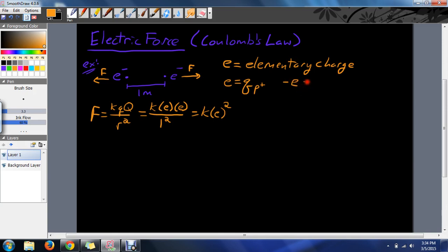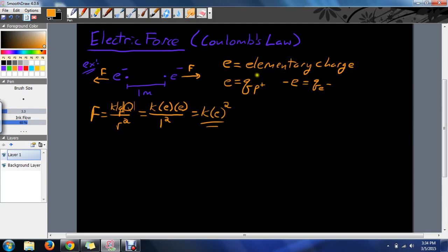And negative E is the charge of the electron. So remember, we're not plugging in negative signs into this equation. Technically, we're taking the absolute value of these. And it wouldn't have mattered anyway because the negatives would have canceled out. But remember, this is just the number, Ke squared.